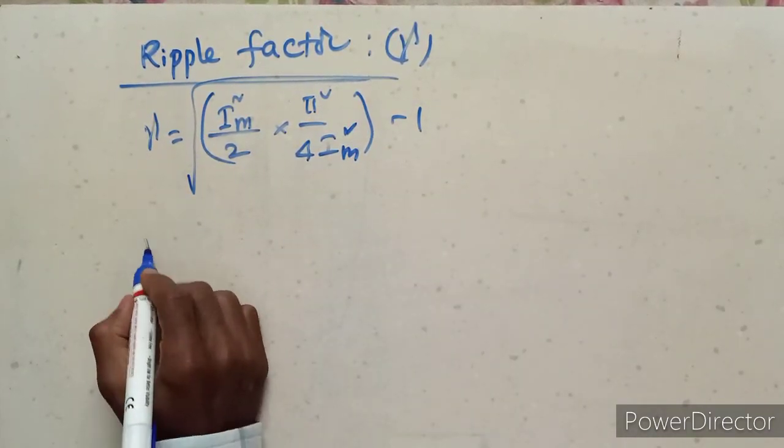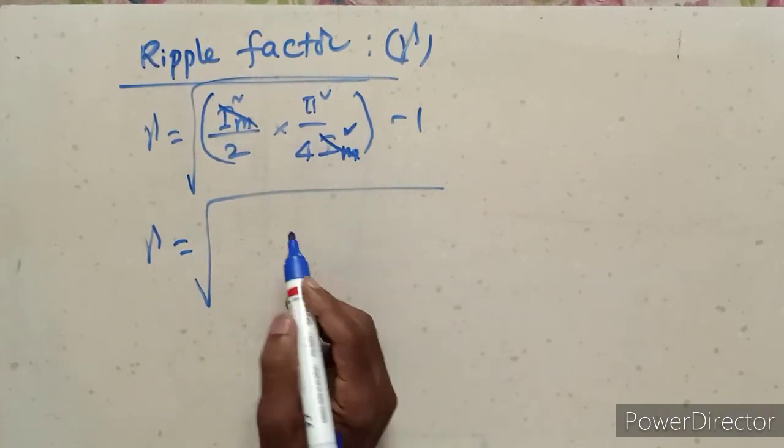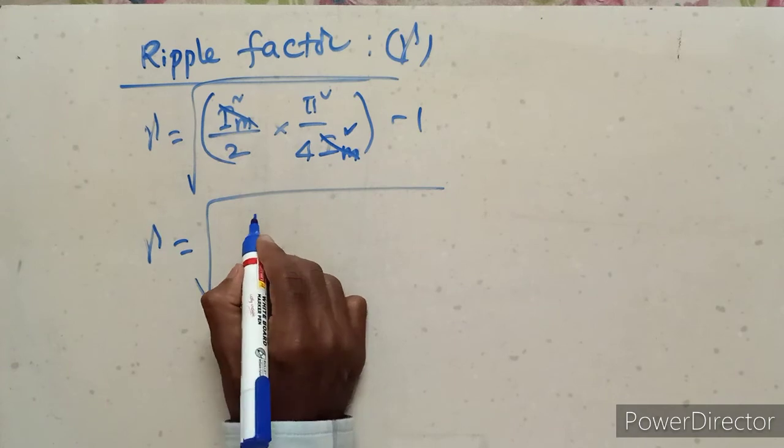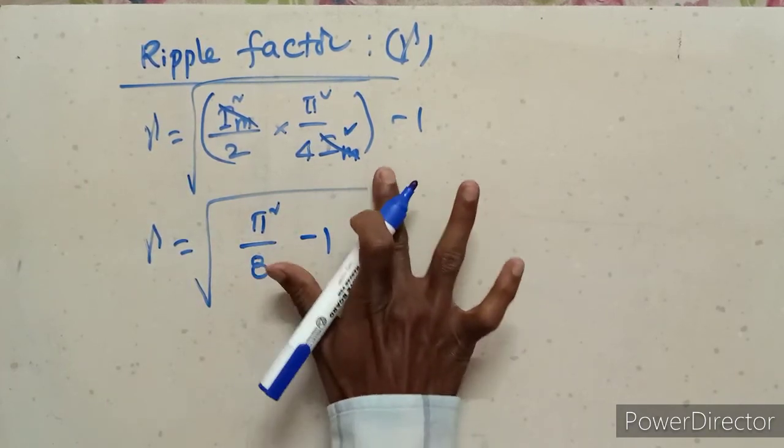I squared m cancels, 4 twos are 8, so pi squared upon 8 minus 1.